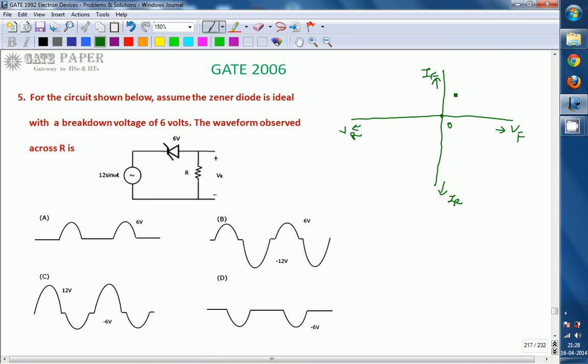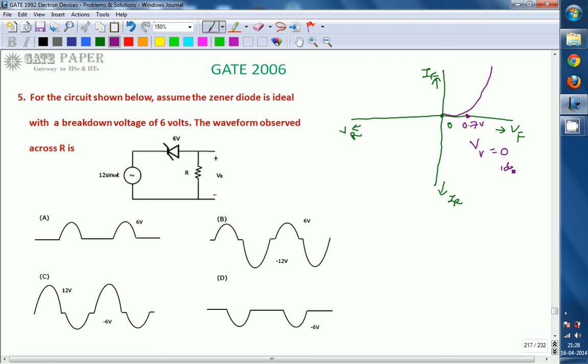If you observe the characteristics, during forward bias the Zener diode is nothing but heavily doped silicon, so it looks like ordinary forward bias characteristics with a cut-in voltage of 0.7 volts. If it is an ideal diode, then this V gamma is going to be 0.